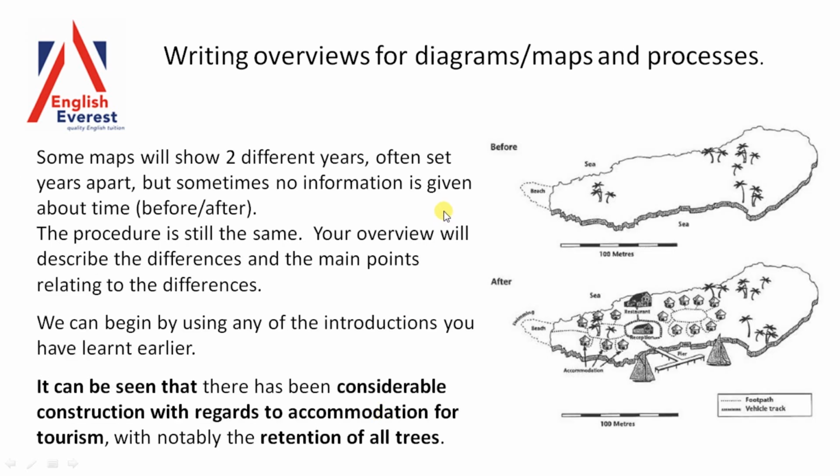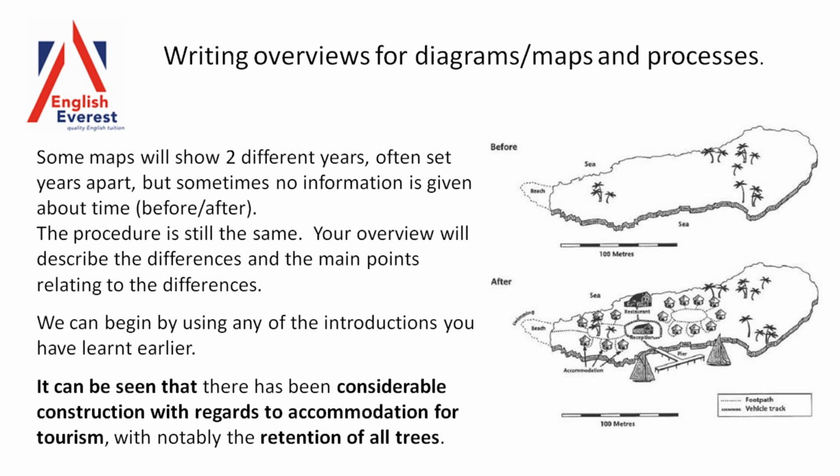Next we're going to look at maps. Here we have a before and after. Often you will have years here, for example, 1950, 2010. So the maps vary, so again, look carefully at the information before you begin planning.